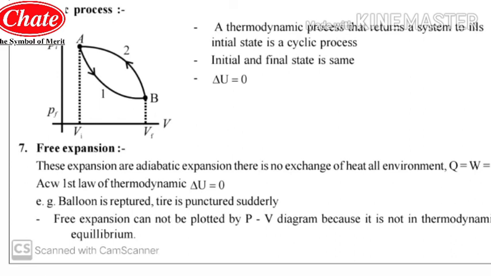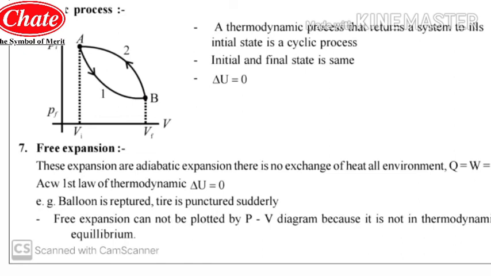Now one more path it follows: point B comes back to point A, meaning the state in which A was initially present is the same state after returning from B. The path followed for that will be path number 2. So this is nothing but the cyclic process, students. In this process the system is returned to its initial state by another path.